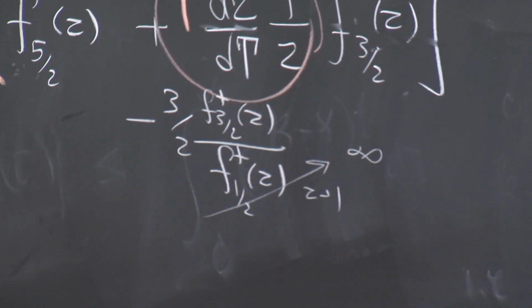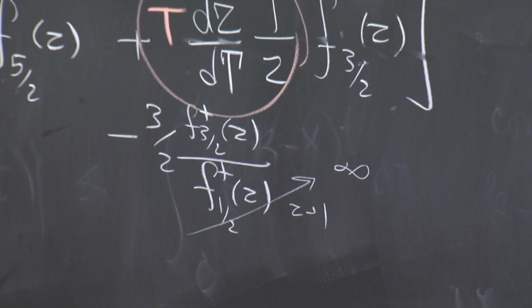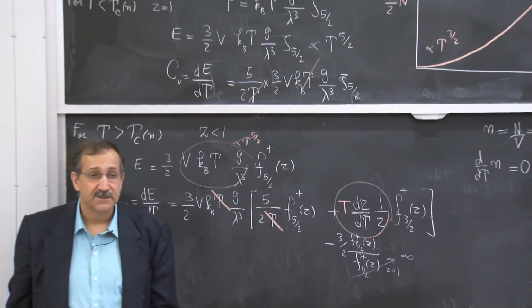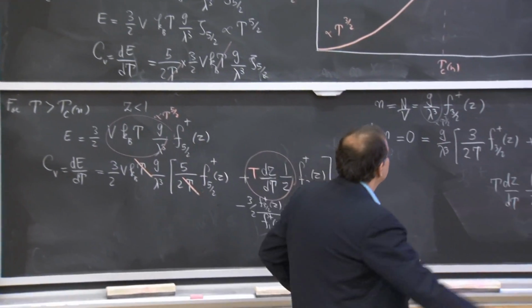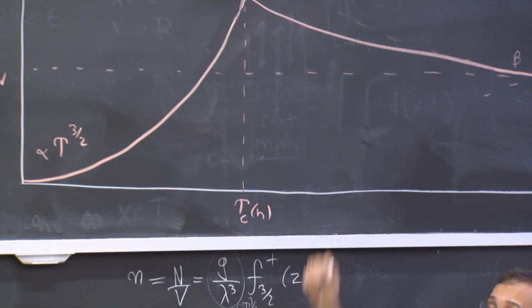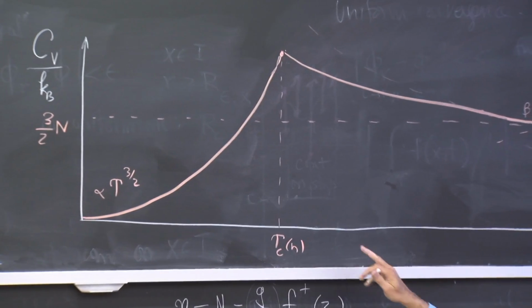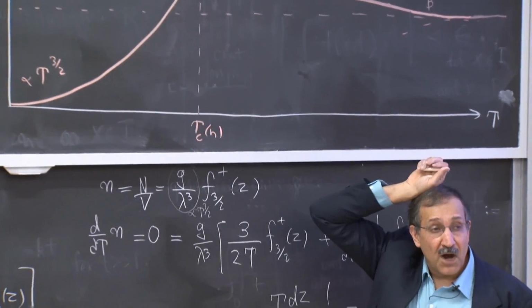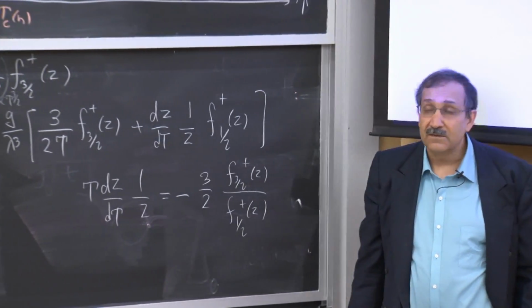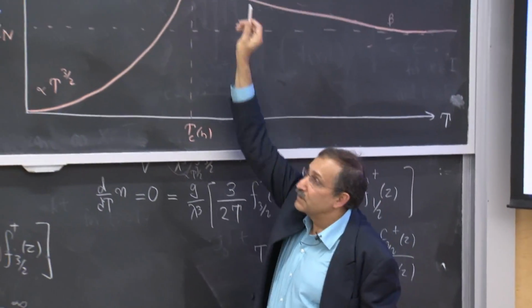So basically, the additional correction that you have beyond this becoming zeta of 5/2, which is what we have over here, vanishes. So I have shown that whatever this curve is doing, it will hit that point exactly at Tc of n, at the same height as the low temperature curve. And you can do a certain amount of work and algebra to show that it goes there with a finite slope.